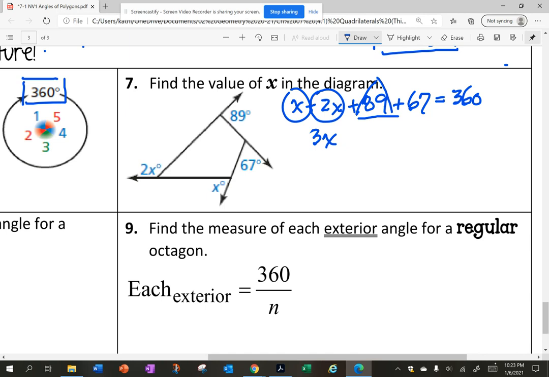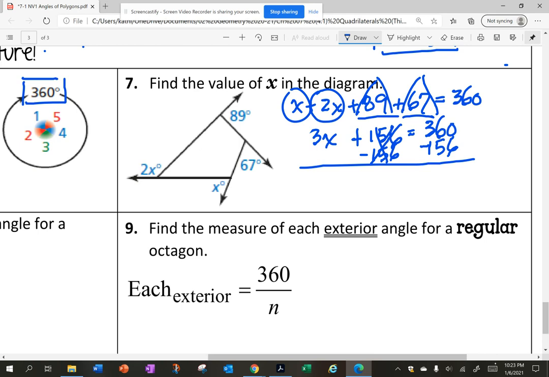And I'm going to add 89 plus 67, so plus 156 equals 360. I'm going to subtract 156. So I'm going to add the inverse. So 3x equals 204. Divide both sides by 3. So I want to divide by the coefficient next to the variable. And I get x equals 68.